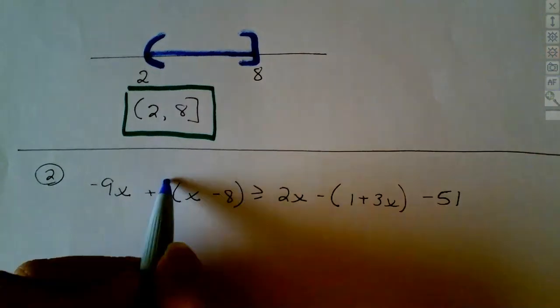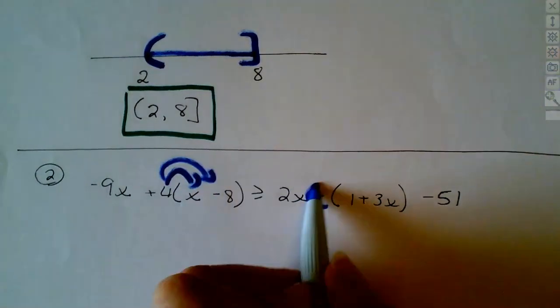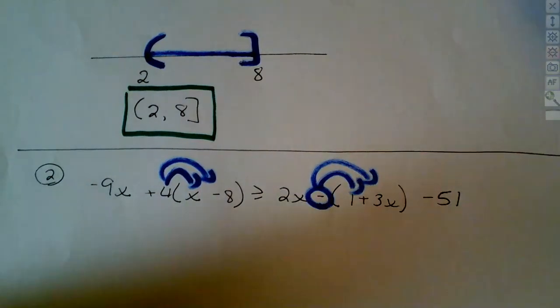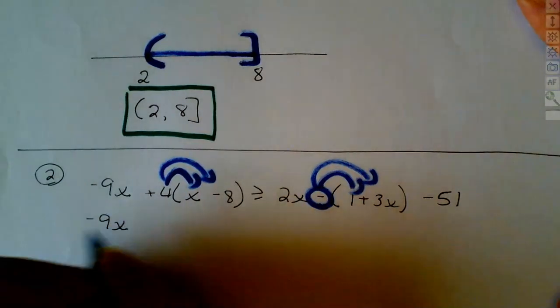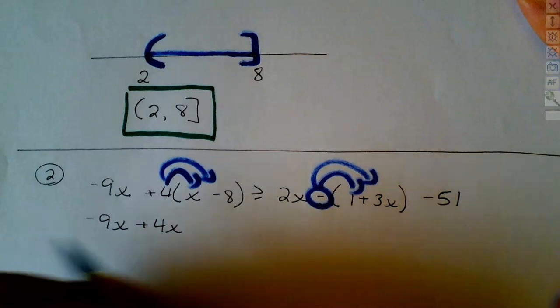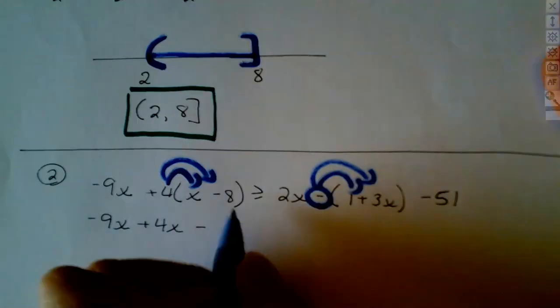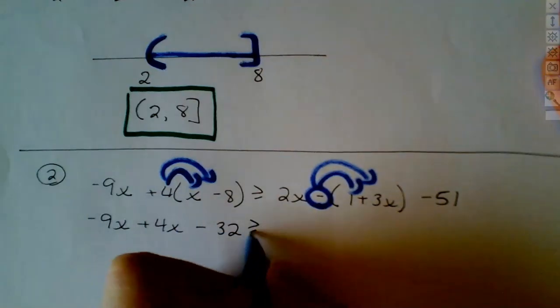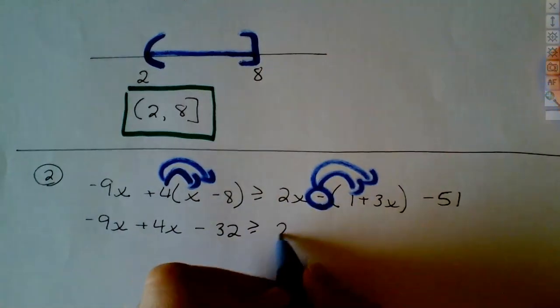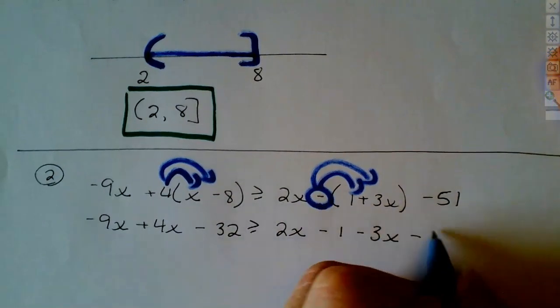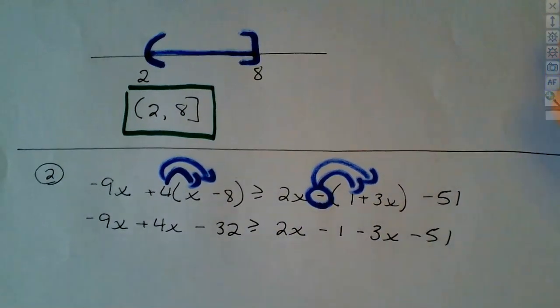So we'll distribute the 4 through, and we'll distribute the negative through. And that's going to leave me now with minus 9x plus 4x minus 32, it looks like, and that is less than or equal to 2x minus 1 minus 3x minus 51.